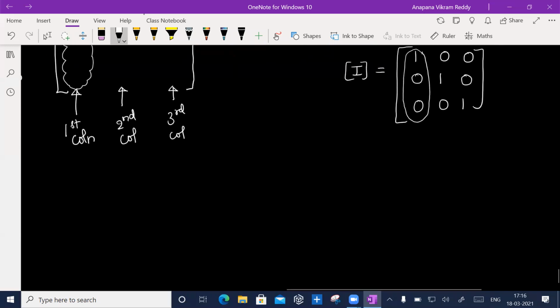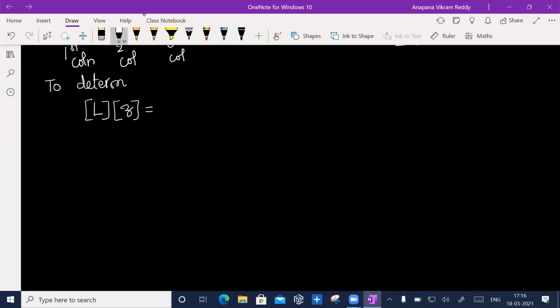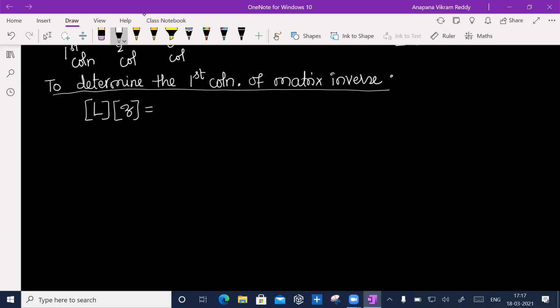Now I state my L. To determine the first column of the matrix inverse, you should undergo a step like this: LZ is equal to 1 0 0.